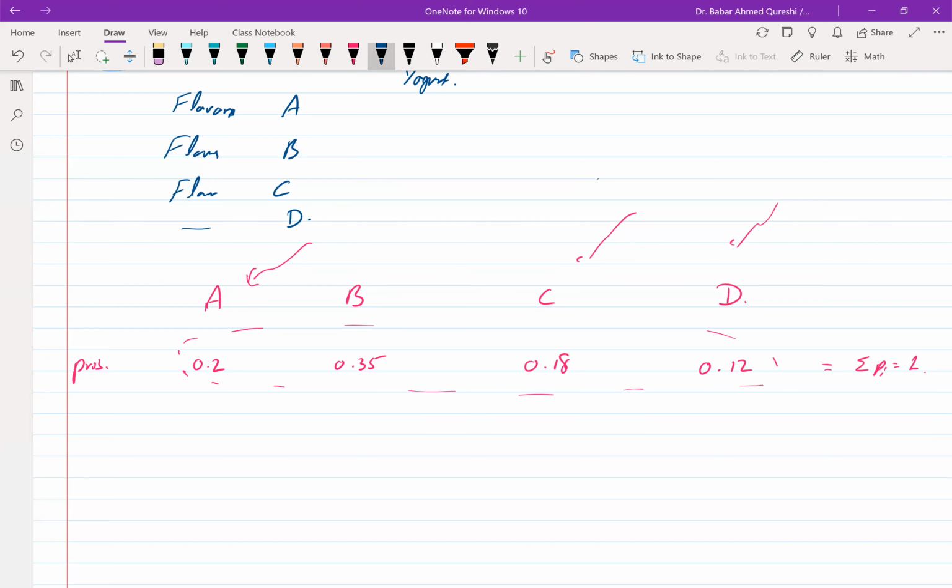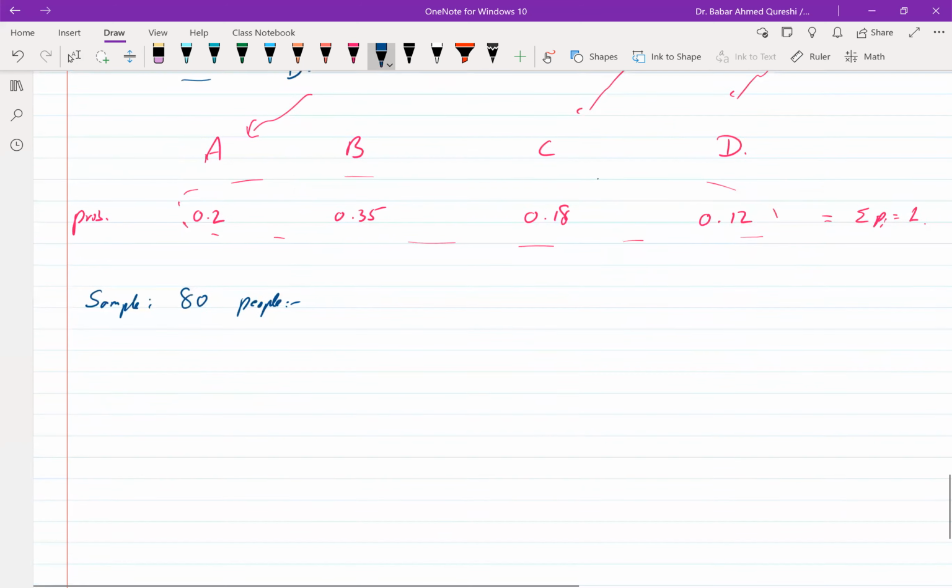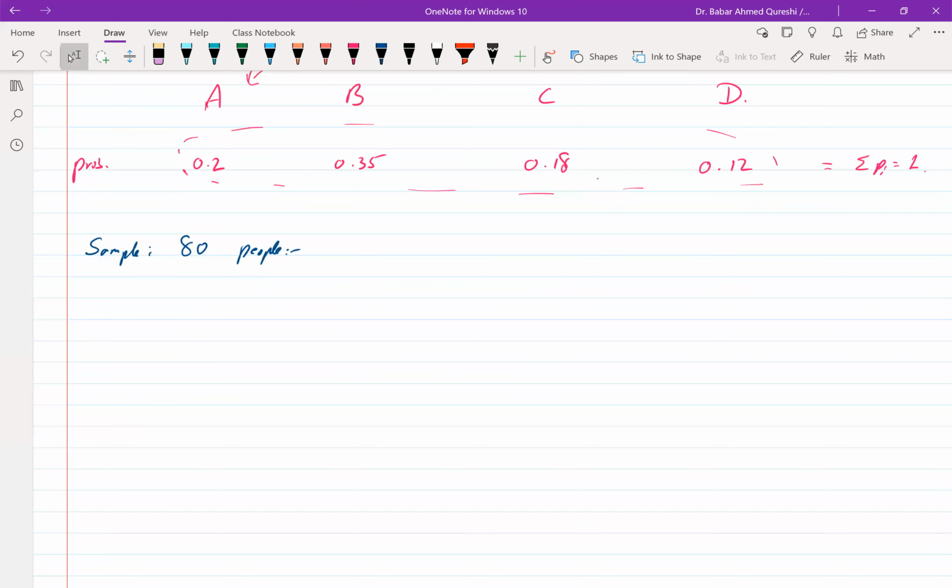They ask people which one you like now. So they take a random sample of 80 people, and see, has the ad campaign affected these preferences? So that would mean, have these probabilities changed or not?